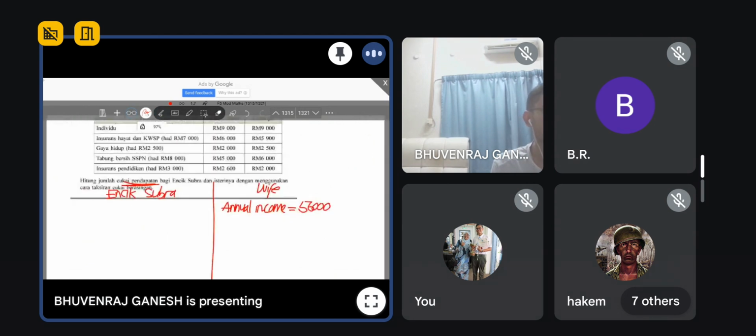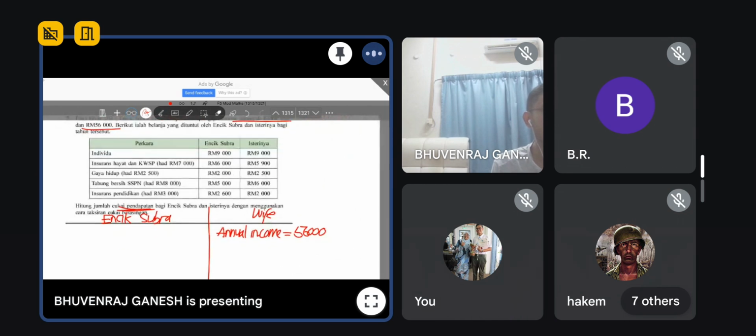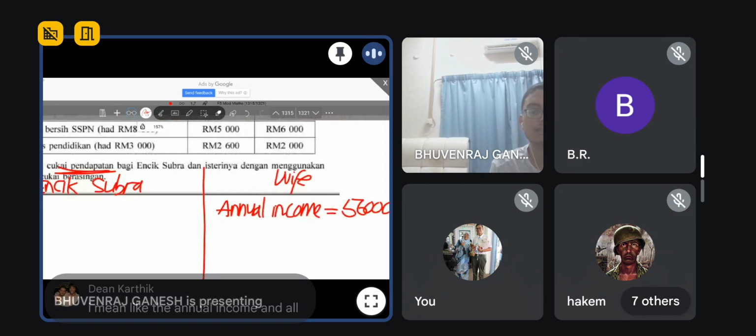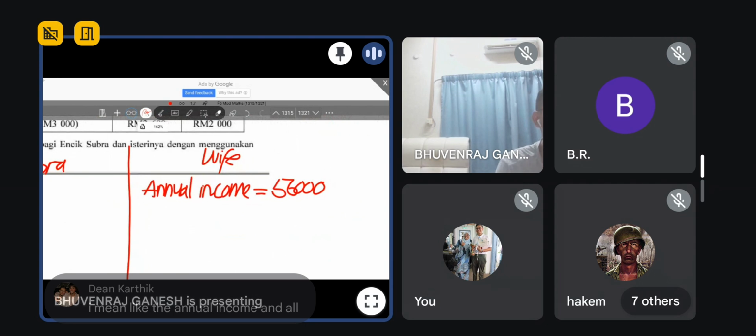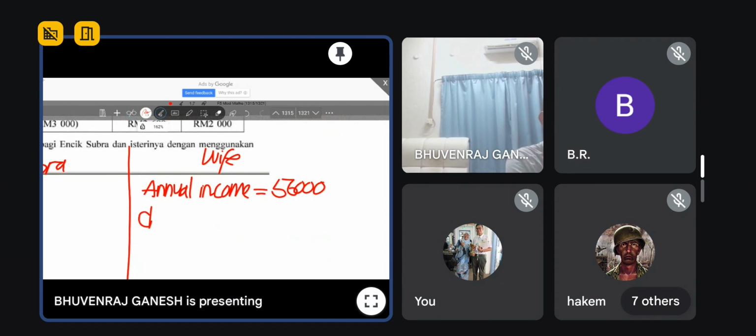All right. So now you have all these values. So basically now you are going to count the chargeable income. I will go one shot for the wife first, then come back for the male. Okay, guys? So now all the female here get ready. We will go one shot till the end of the question. Then we go to the next side.